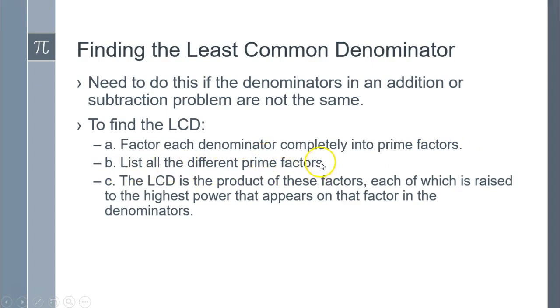List all of the different prime factors, and the least common denominator will be these factors multiplied together, but each factor has to show up the maximum number of times it shows up in any individual fraction. In other words, if you had an x plus 1 on the bottom of one fraction and an x plus 1 squared on the bottom of another, you would need to use the x plus 1 squared.